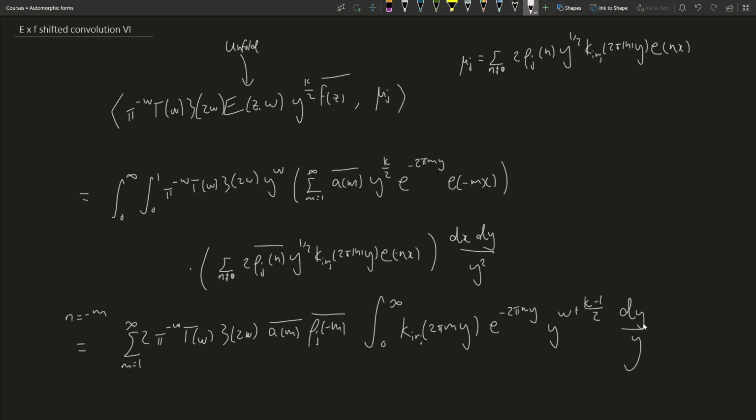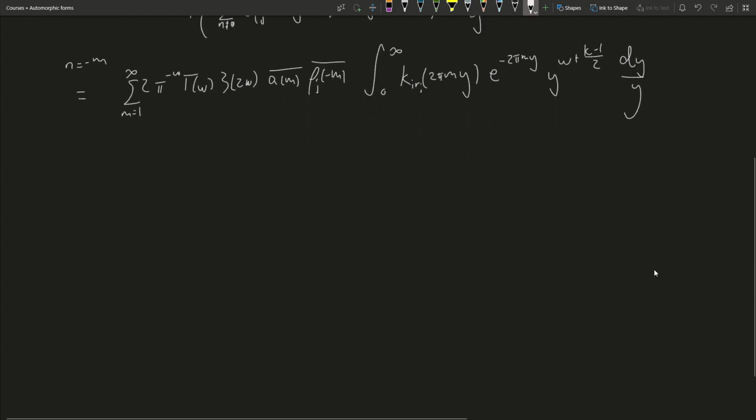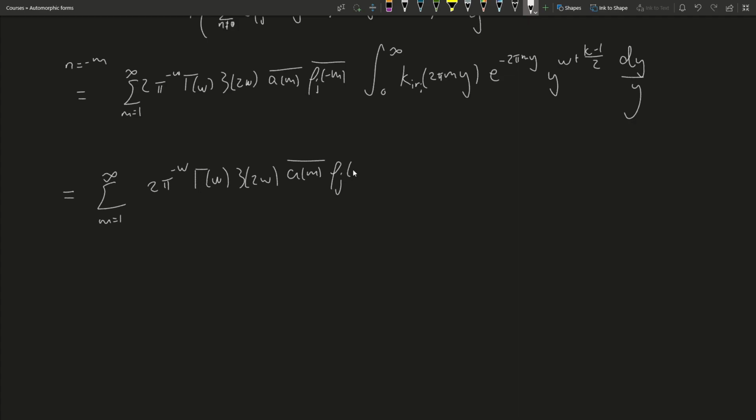And now again, using that Gradshteyn and Ryzhik formula for the Mellin transform, we can write down what this is. So the whole thing is going to be sum m from 1 to infinity of 2 times pi to the minus w gamma of w zeta of 2w a_m conjugate rho j minus m conjugate.